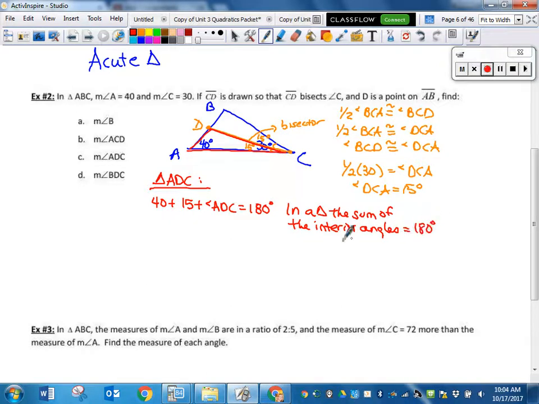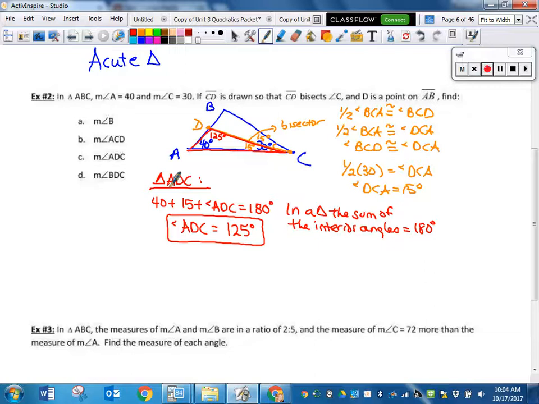You should be writing this stuff out because it helps you remember it. Which means angle ADC would equal 125. So they add up to 180. So we got ADC.